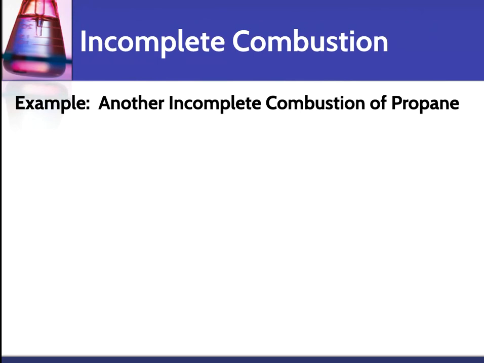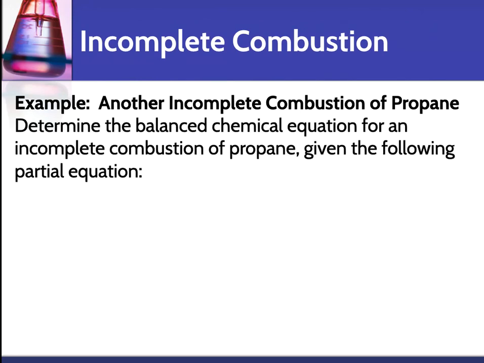So we'll look at another incomplete combustion of propane as an example. You're given a partial equation for the incomplete combustion of propane. So you know that you have propane, C3H8, and you only have 2 oxygen, and then you're going to have one product plus some amount of water.